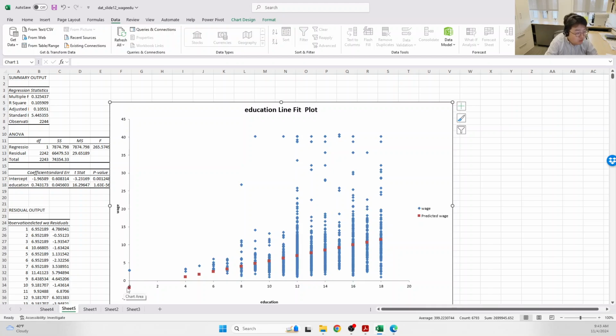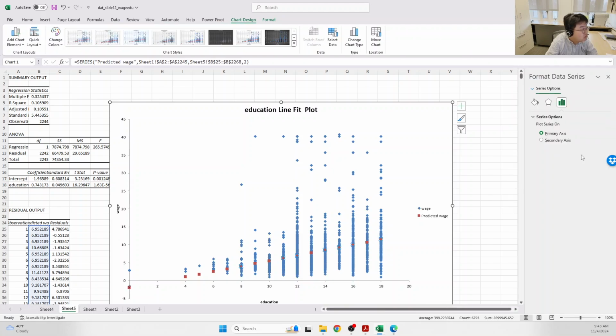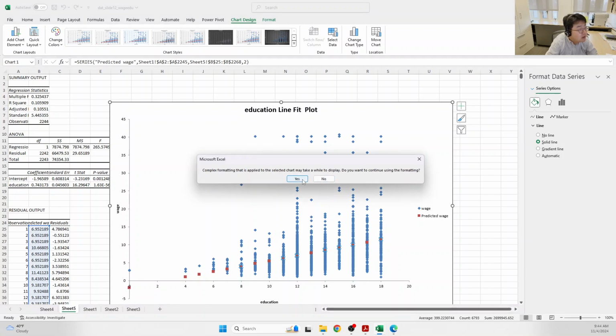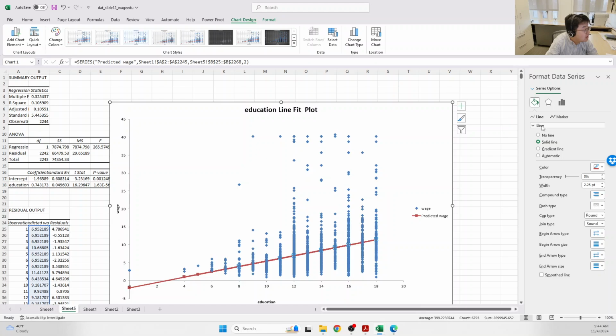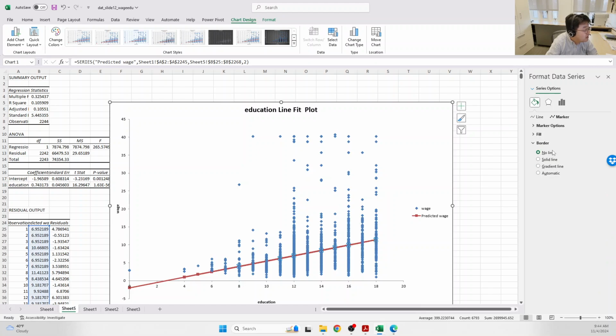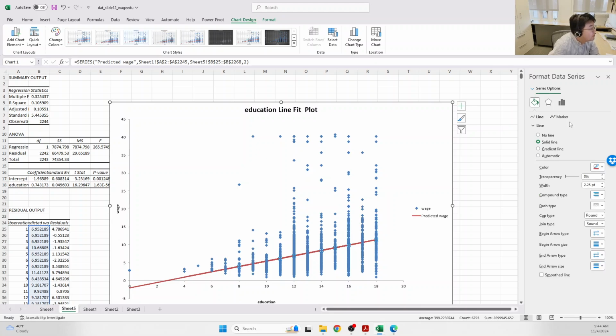But we are going to make a straight line going through those dots, the scatter plot. To make it better, I'm going to change the marker option to none. So what happened?